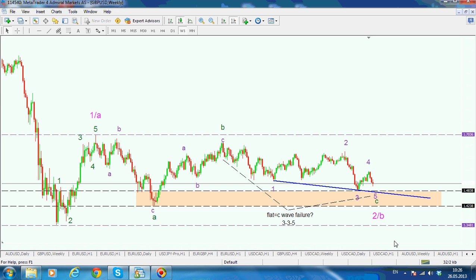Now once again, this is what I wanted to show you, because price is so close to this area, and we should take it into consideration.